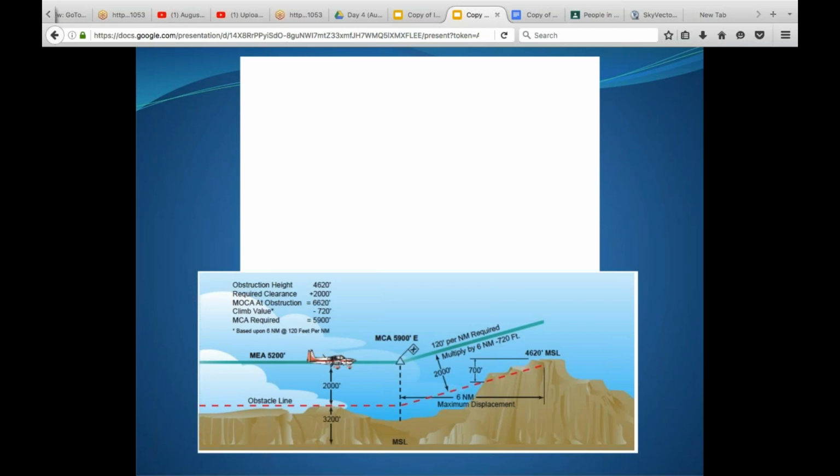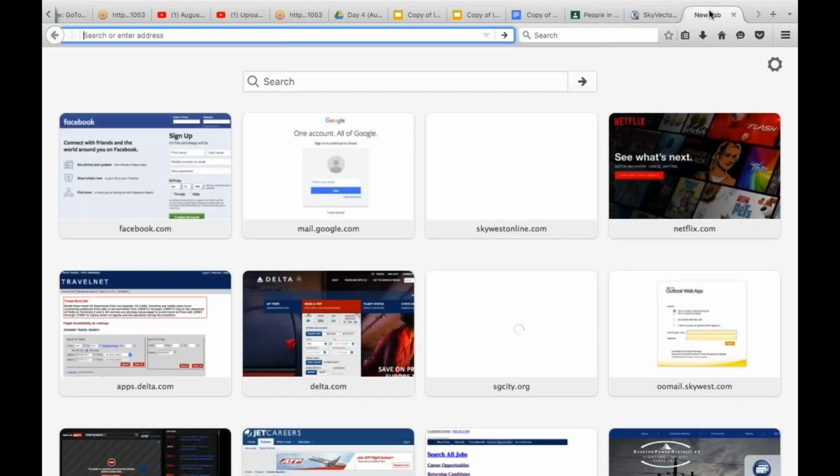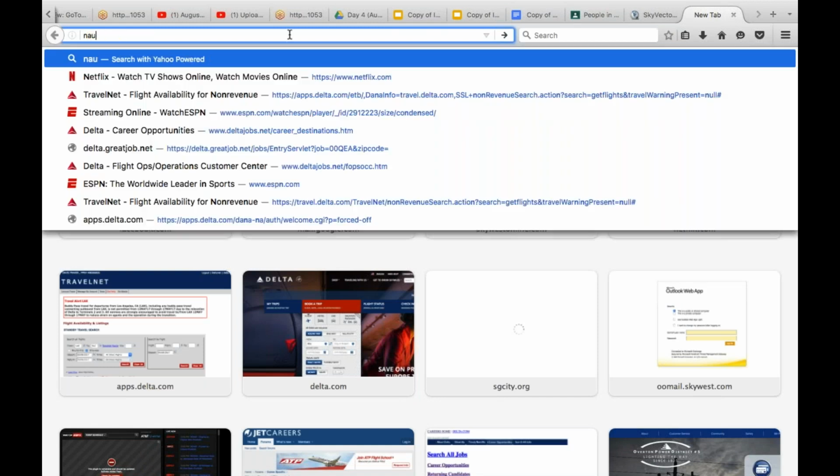Well, a nautical mile is basically 1.17 statute miles? Is that the correct conversion? I would have to double check it, but I'm pretty confident that's correct. Just know that it's more than your statute mile.